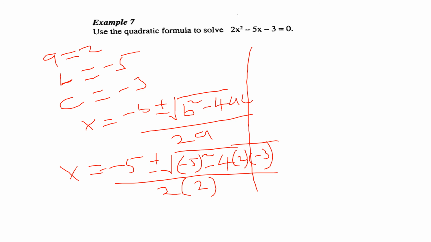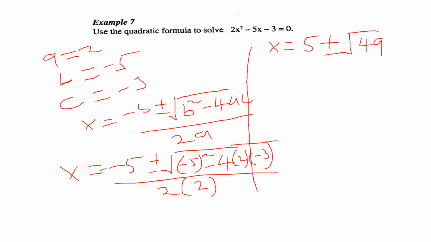We shall have x now equivalent to positive 5, plus or minus the square root of negative 5 squared, which is 25, then minus 8 times negative 3, which is minus 24 and becomes a positive. So here we shall have plus or minus the square root of 49.